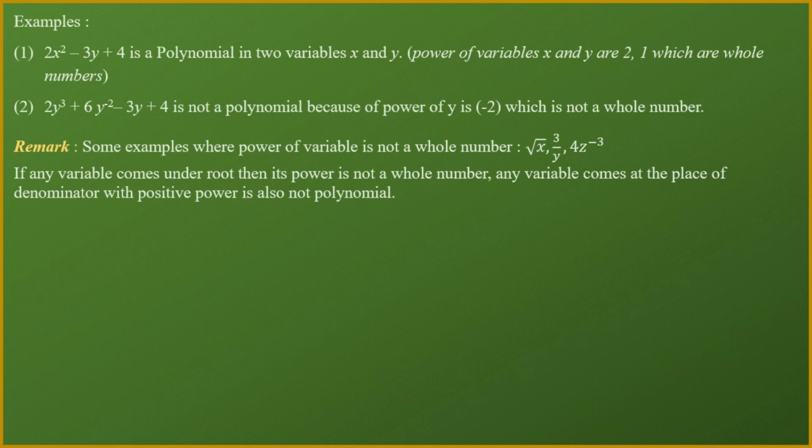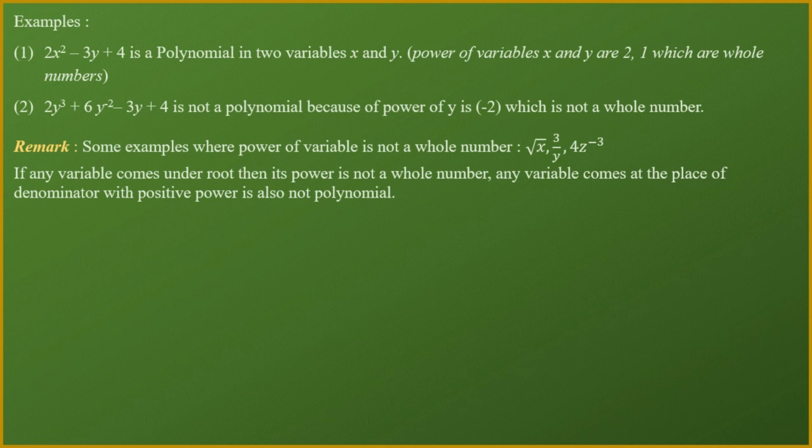In all three terms, the power is either negative or fractional, and hence the power is not a whole number, and so it will not be a polynomial. As written, if any variable comes under a root, then its power is not a whole number. A variable in the denominator with positive power is also not a polynomial. I have told you why it is not a polynomial.